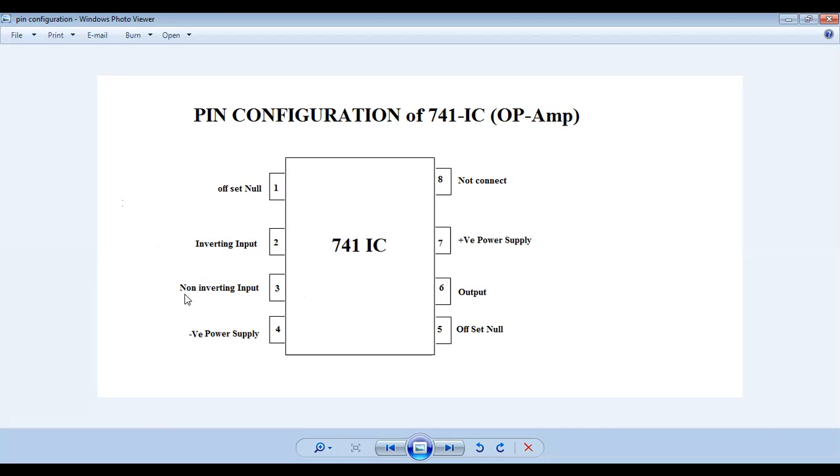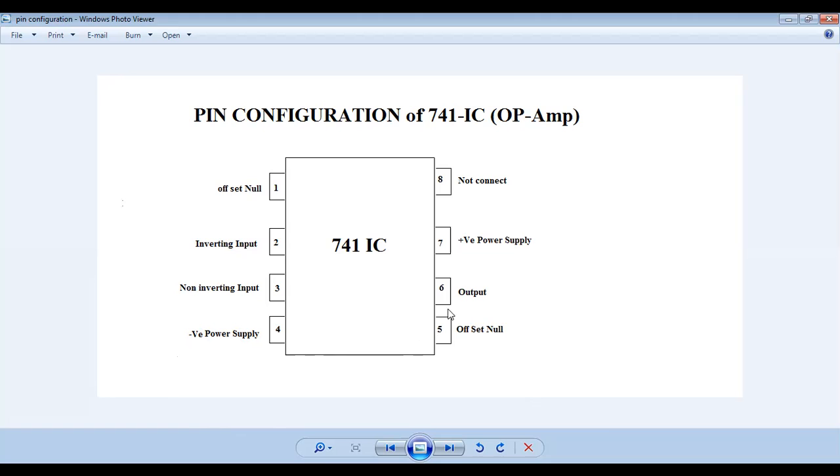And if we want to use the operational amplifier in non-inverting mode, we connect the supply to the third number pin and connect the second number pin to the ground. So the third number pin is for the non-inverting input. The fourth number pin is for providing the negative power supply to the operational amplifier.